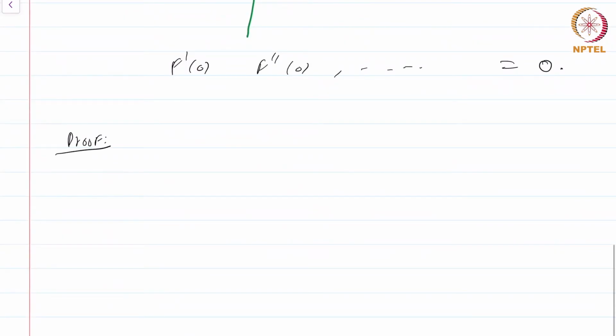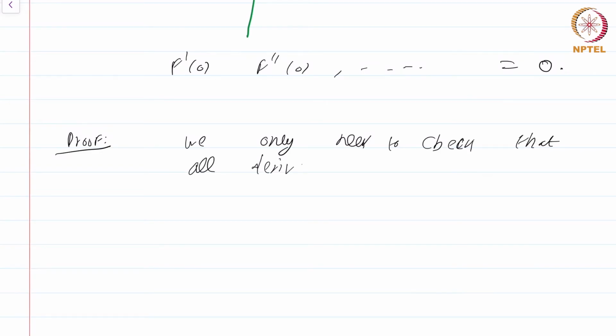Okay, so all we have to do is that we only need to check that all derivatives, or better yet, derivatives of all orders exist at 0.